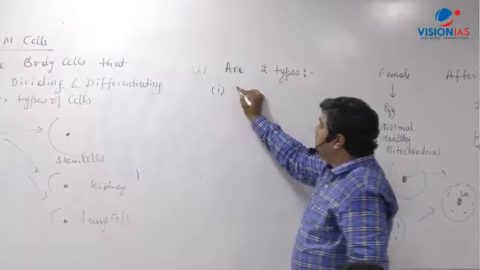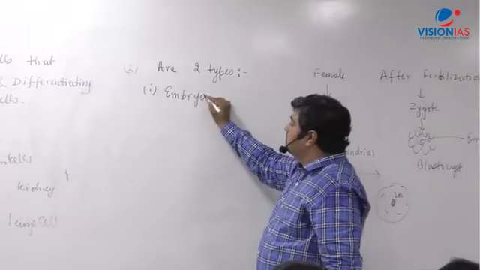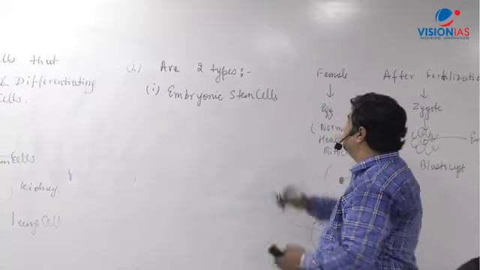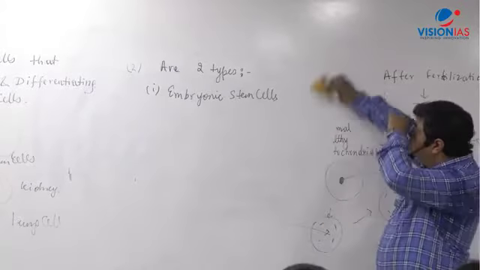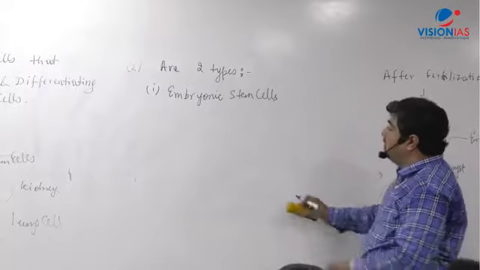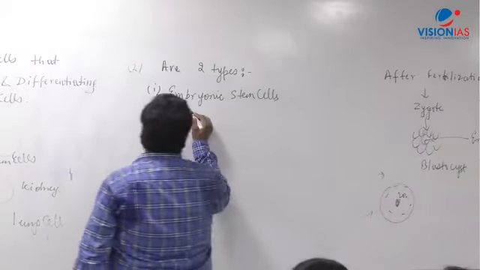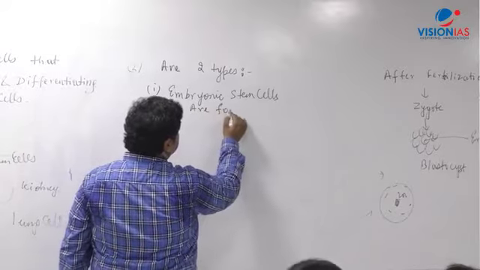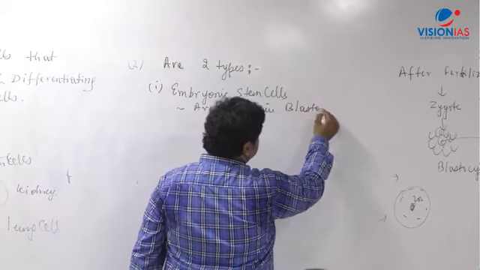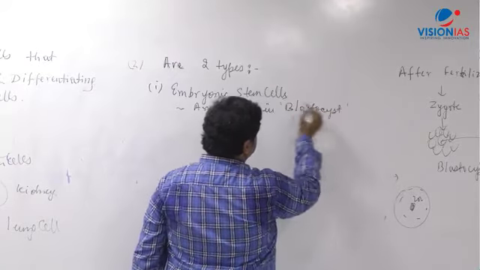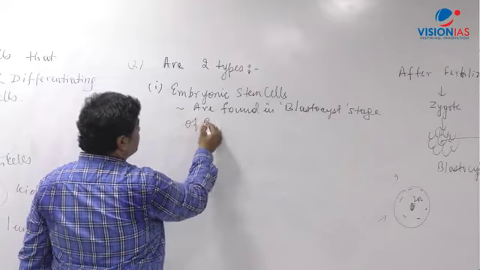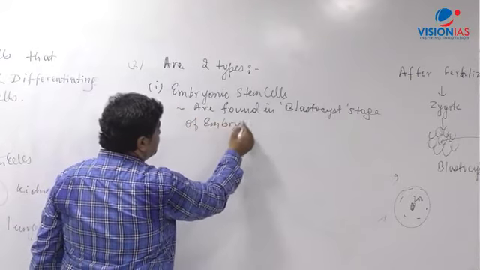The first one is called embryonic stem cell. Now, what are embryonic stem cells? Which are found in the blastocyst stage of embryo. I have already said, they are found there.